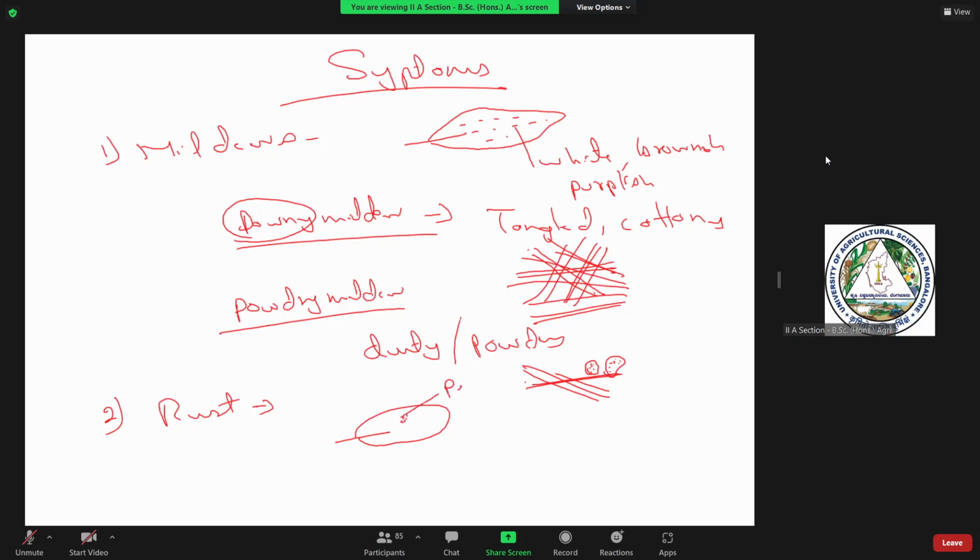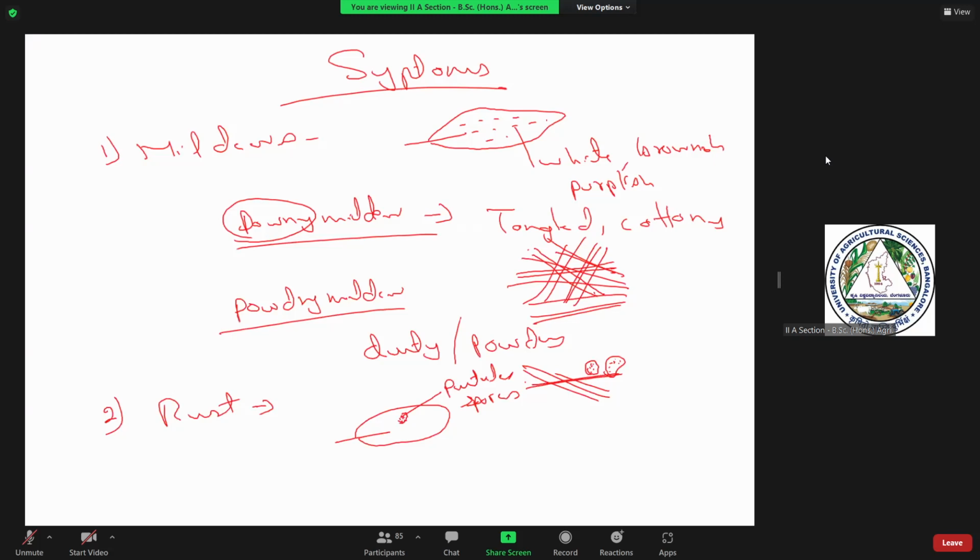Rusty pustules means small spores which appear like rust. And these are basically the fungal spores, where they break out from the epidermis of the host.